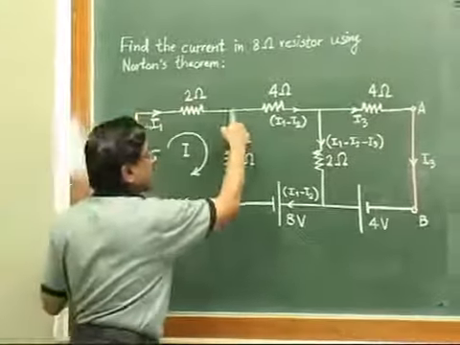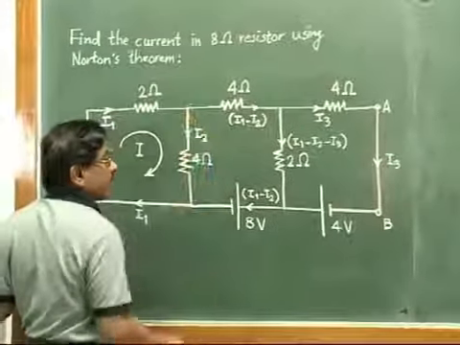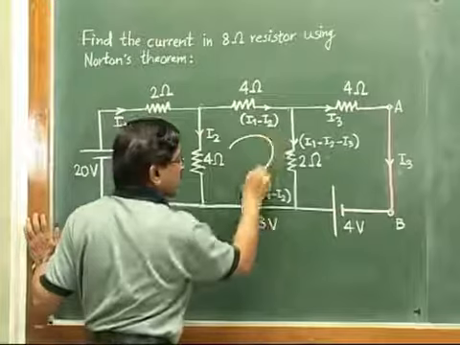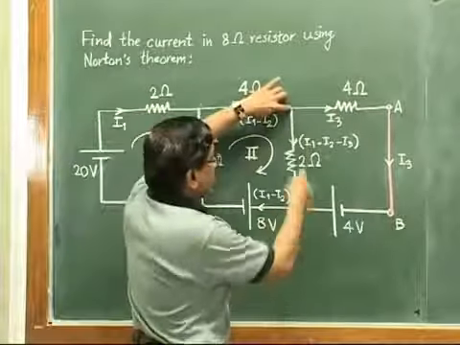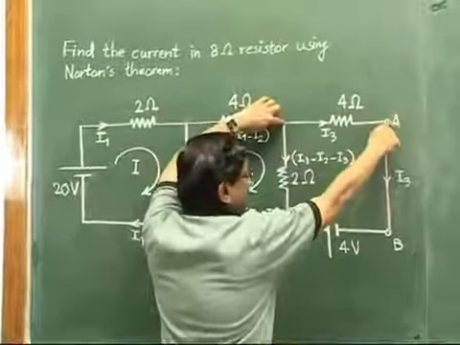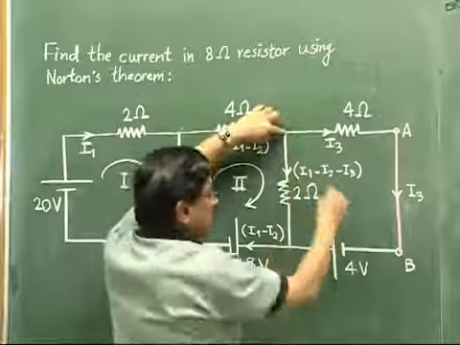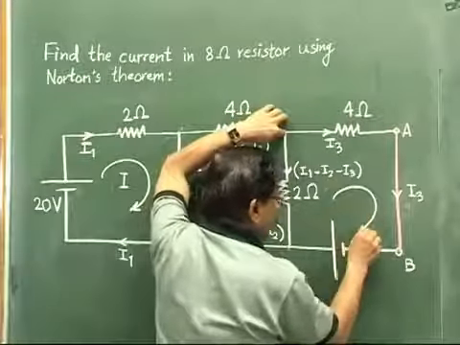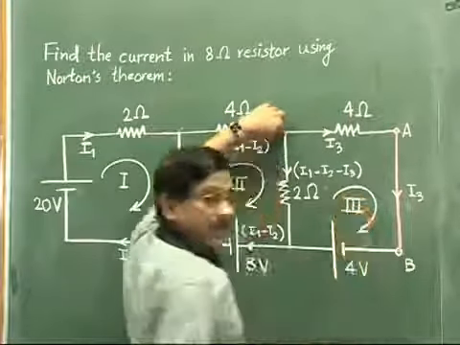Then this middle one from this point here down left and again to the top, original point, we consider that this is our loop 2. And then for this point here, then A to B, then B back to this point and upwards, we consider that this is our loop 3. So we have identified 3 meshes like this.